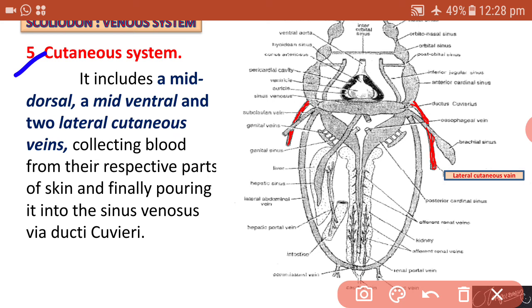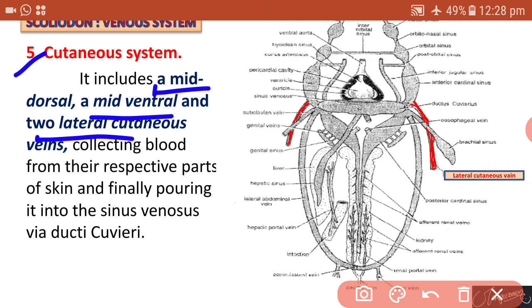From the skin particularly, blood is collected by a particular type of venous system called the cutaneous system. It has a mid dorsal, a mid ventral and two lateral cutaneous veins.